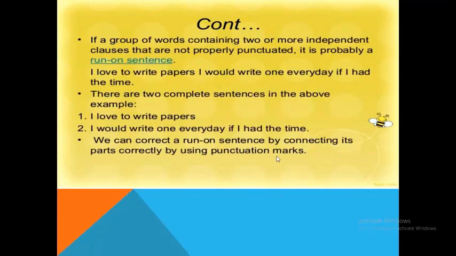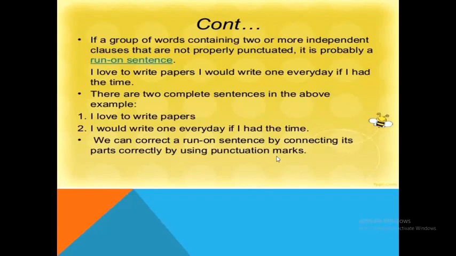Then dear students, if a group of words contains two or more independent clauses that are not properly punctuated, it is probably a run-on sentence. So the first mistake we have already dealt with, that was the fragment, and the second sort of mistake which is generally made by students and writers is the run-on sentence.